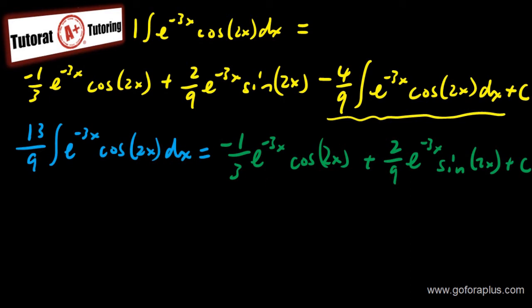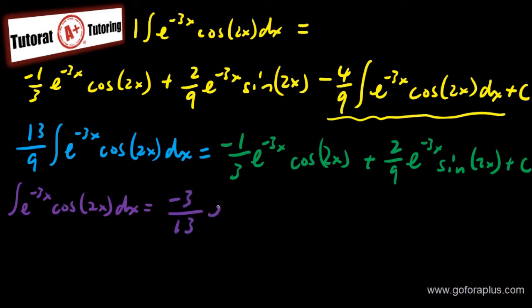Okay, so I can do that, right? So I know that my integral e to the minus 3x cos of 2x dx equals to, now 13 is at the bottom, 9 times 1/3 here will become 3. So minus 3/13 e to the minus 3x cos of 2x.